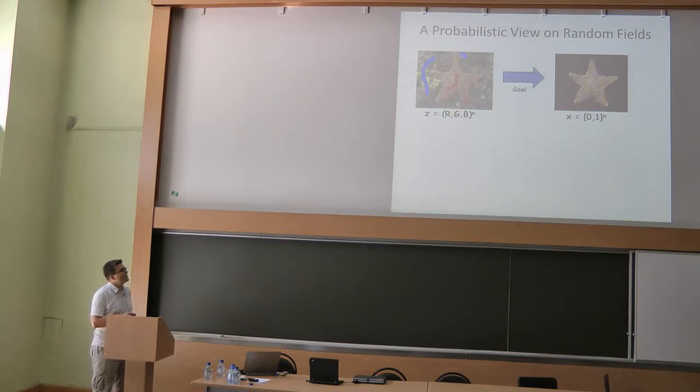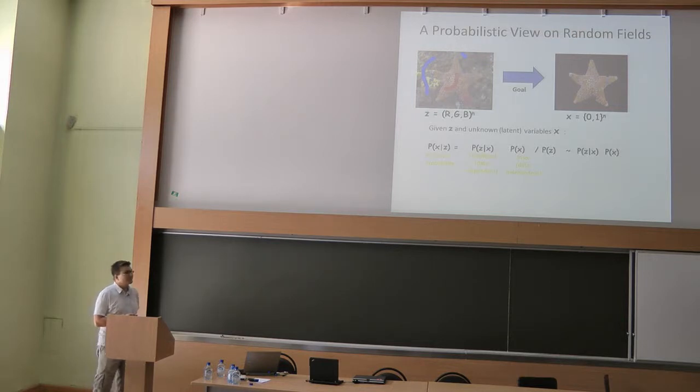The goal is to determine for every pixel n a binary label, 0 for background or 1 for foreground. This is one of the most simple or standard problems in computer vision, and I will use that toy application quite a lot to demonstrate some of the aspects.